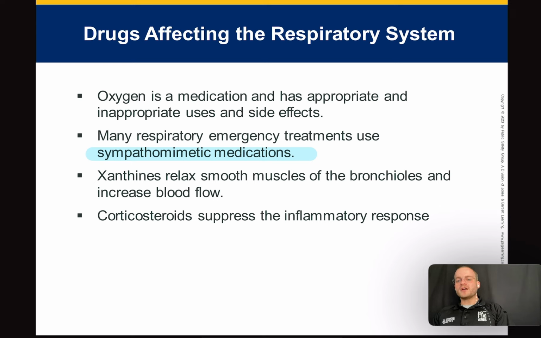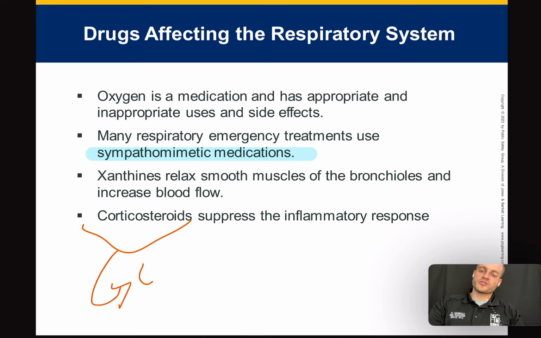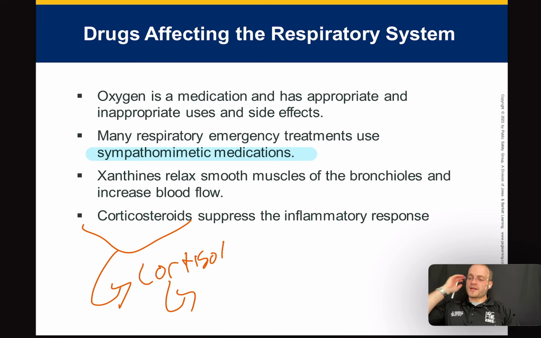They've been replaced. Corticosteroids. Something I want you to know is that corticosteroids try to mimic the naturally occurring substance in our body called cortisol. And cortisol is a hormone that's induced under times of stress. When you're under stress, your body will say, just hold on to everything you can, don't waste stuff. If you know anything about white blood cells, they take a lot of stuff to make.